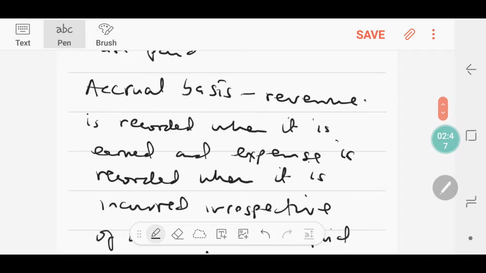In accrual basis, unlike in cash basis, as we discussed earlier, revenue is recorded when it is earned.